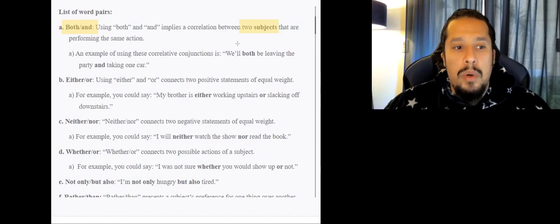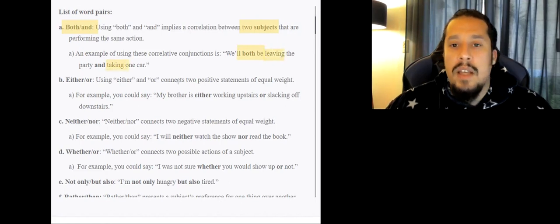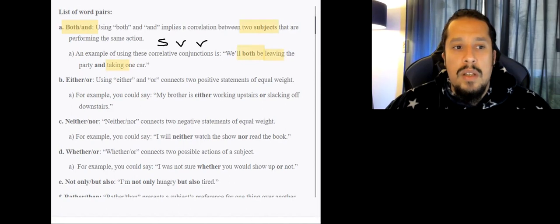We'll both be leaving the party and taking one car. So هنا both and indicates a subject verb structure. Okay, easy, صح? اللي بعديها we're going to be talking about either or.